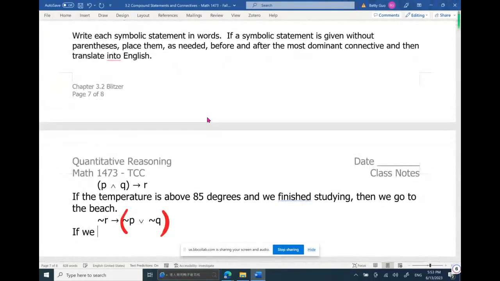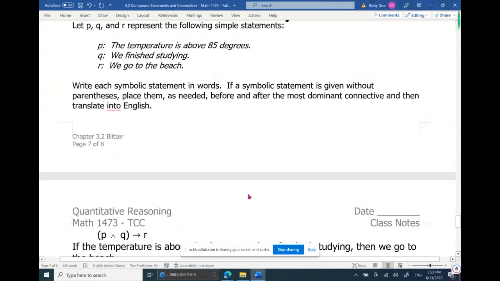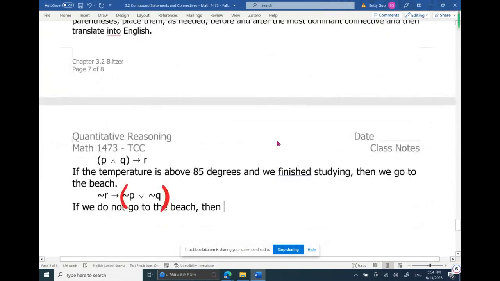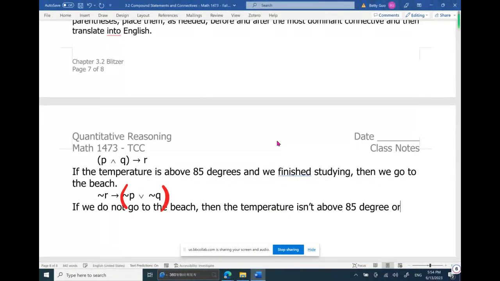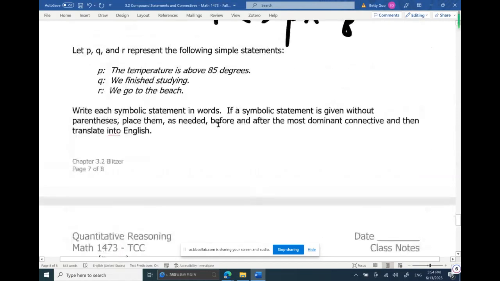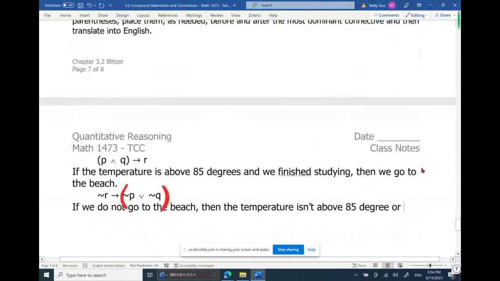If we do not go to the beach, then the consequent is a disjunction, not P or not Q. The temperature isn't above 85 degrees, or, with a disjunction, not Q. We did not finish studying.